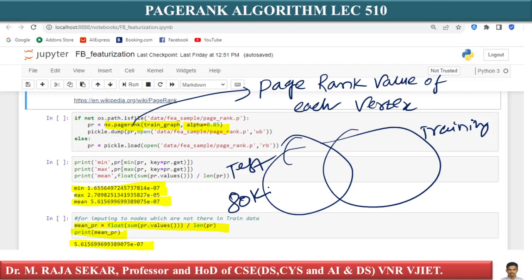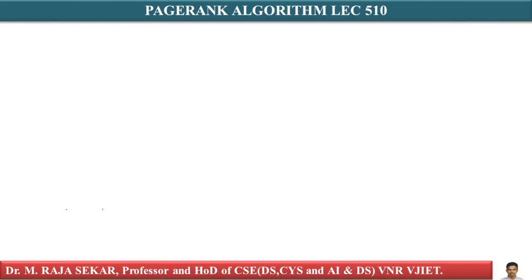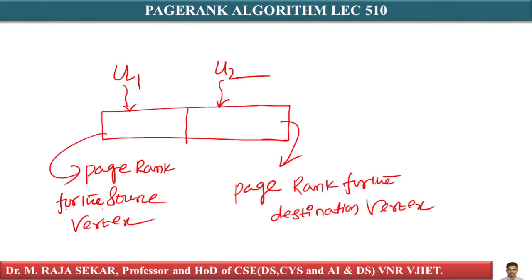So the way we will use this is for both of the vertices. Let me say you have vertices U1 and U2. We will create two features. The first feature is PageRank for the first vertex U1, and the second is PageRank for the second vertex. So we create two features using the PageRank algorithm.